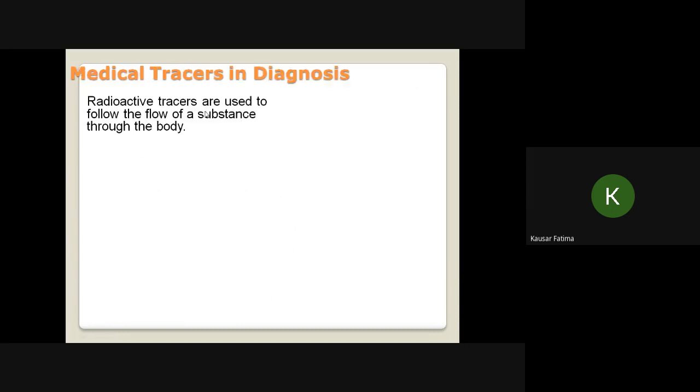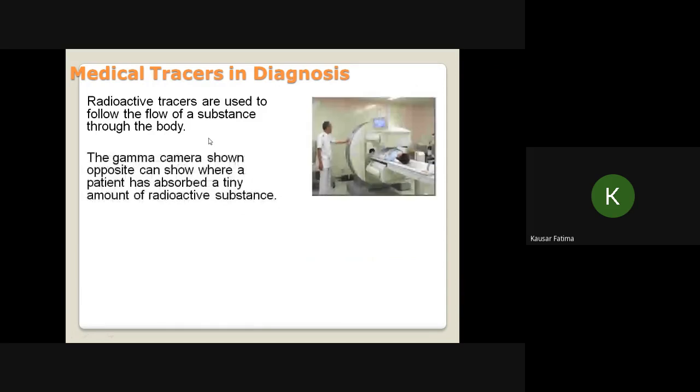Here, radioactive tracers are used to follow the flow of substance through the body, and they can be monitored from outside of the body. The gamma camera shown opposite can show where a patient has absorbed a tiny amount of radioactive substance. Like iodine is absorbed in the thyroid cells. If a person is given a drink, it will be absorbed more in the thyroid cells.